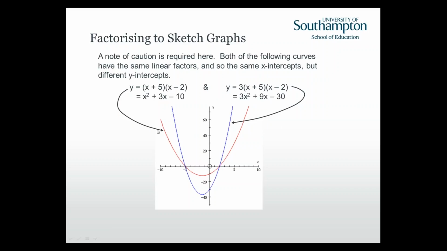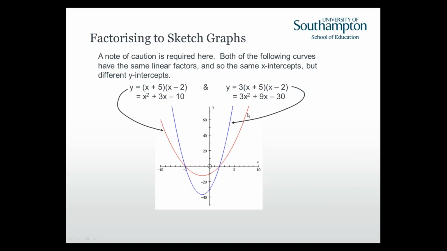This one goes through at -10, but that one cuts at -30. So these both still have the same bracket, they are the same factors, but this one just happens to have a constant multiplied by it.